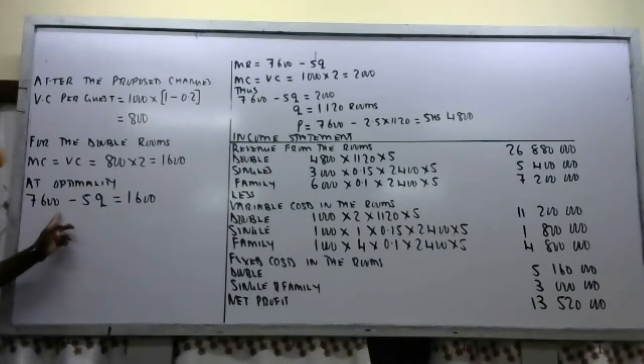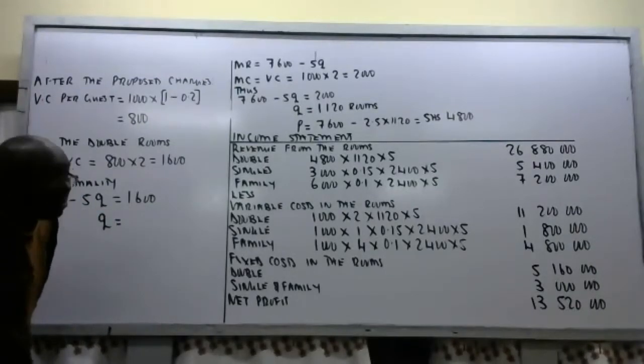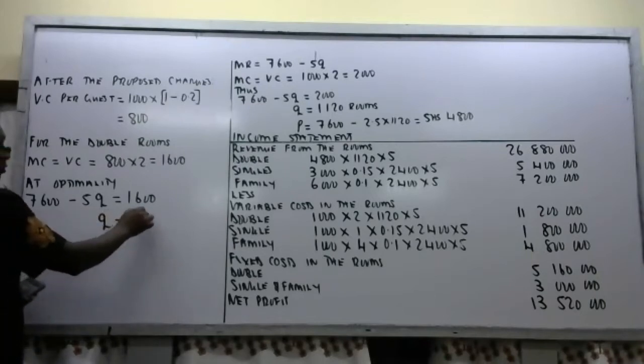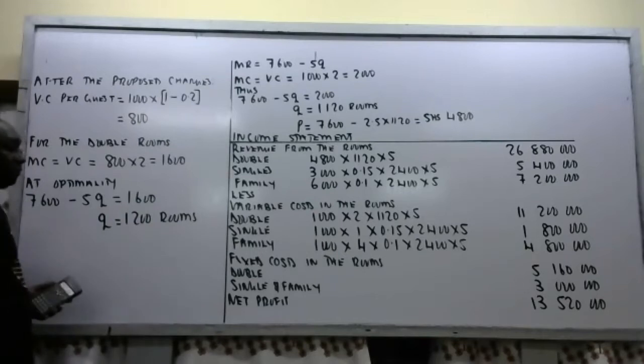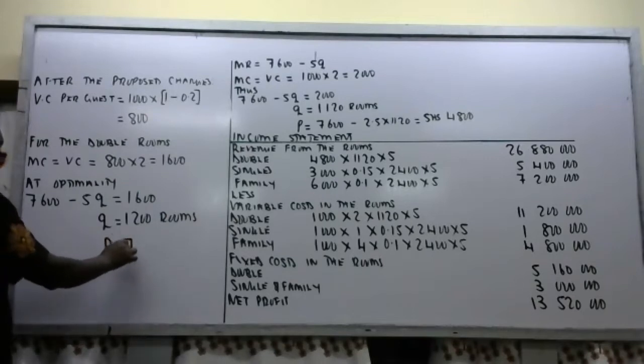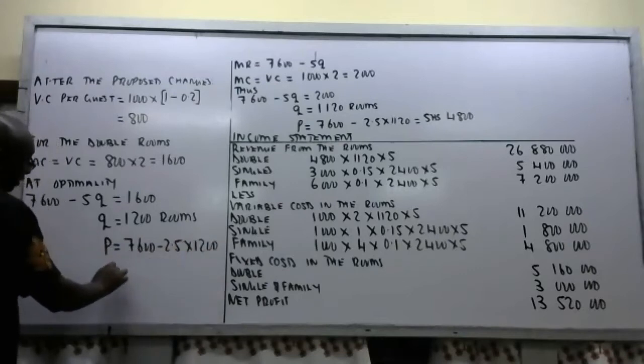If you consult your calc, 7,600 minus 1,600, if you divide it by 5, you get 1,200 rooms. Now, P will be 7,600 minus 2.5 times 1,200.